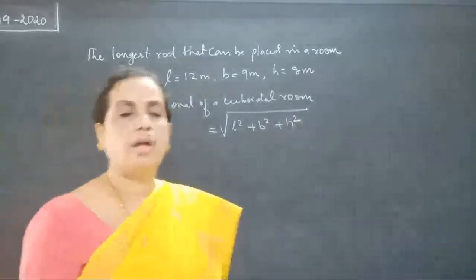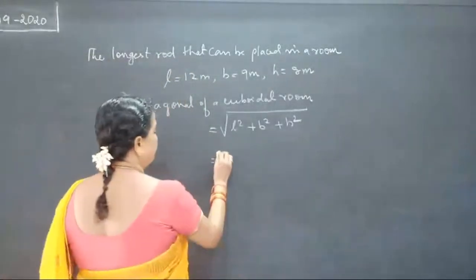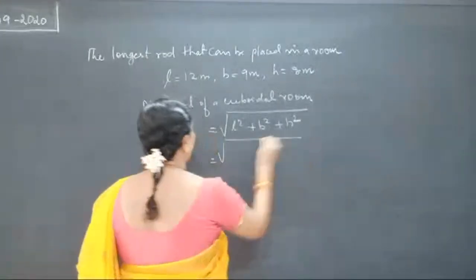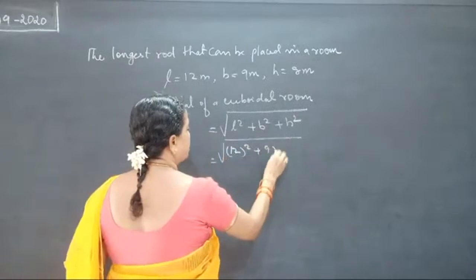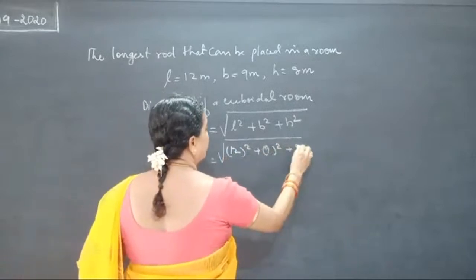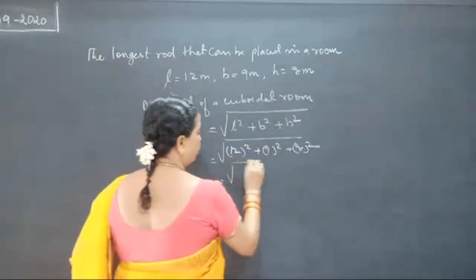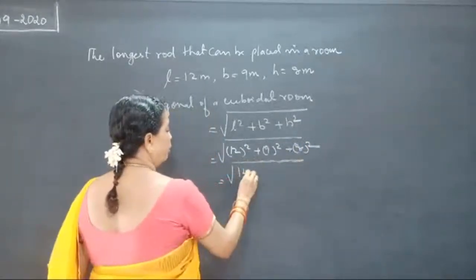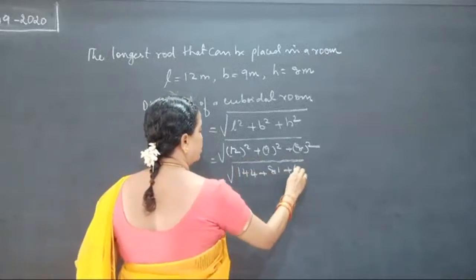Now substitute the values of L, B and H. What do we get? Root of 12 square plus 9 square plus 8 square, which is the root of 144 plus 81 plus 64.